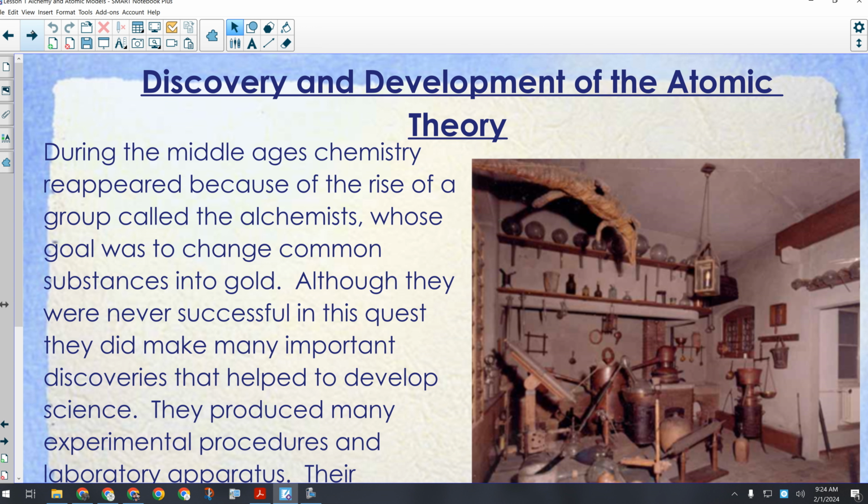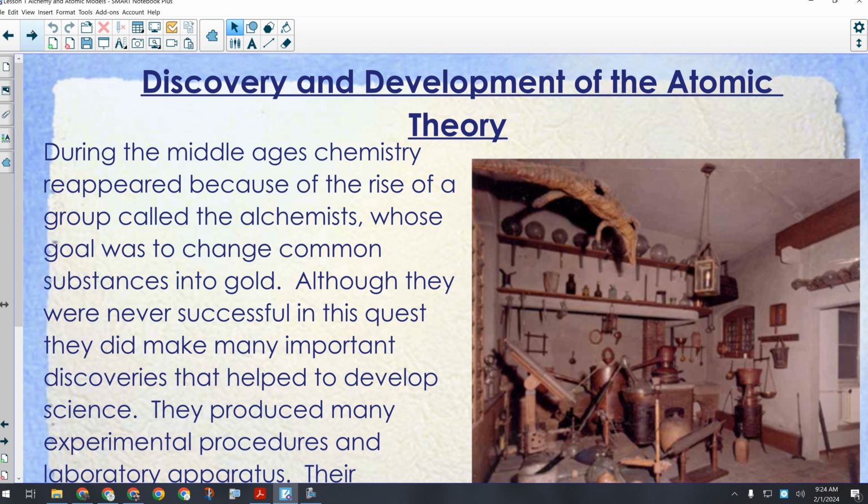The problem is it didn't progress the science because they didn't tell anybody. They were very secretive about what they were doing because they didn't want anyone to catch on to a good idea they had, or maybe they thought they were getting close to turning lead into gold, so they didn't tell anybody. So it wasn't true science because that part of it wasn't there.